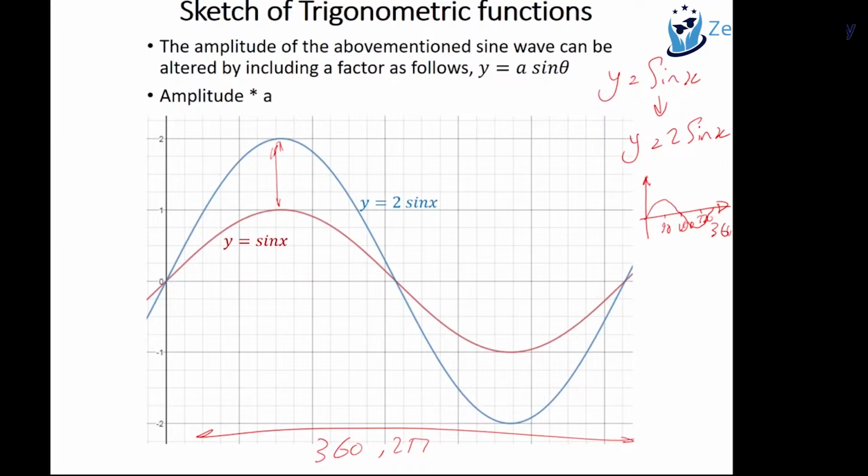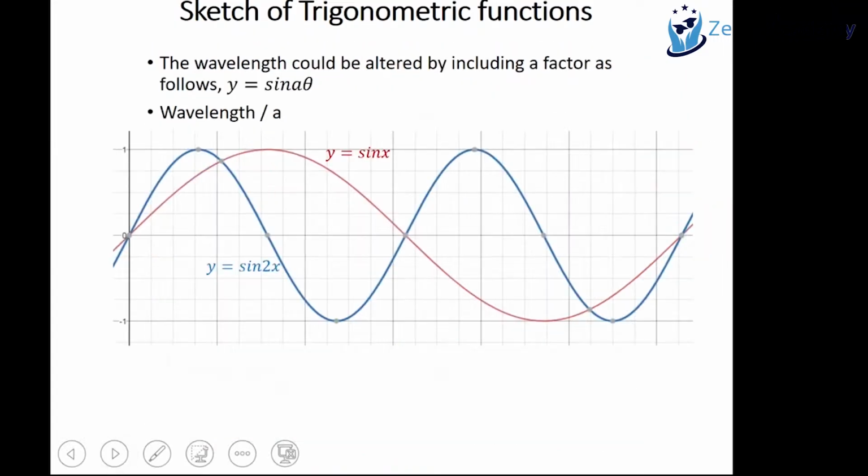So if I sketch sine x, now I can sketch 2 sine x, 3 sine x, or any coefficient in front of the sine. 2 sine x would be simply multiplying the amplitude by 2, likewise 3 sine x, or half sine x. That would make my job very simple if I want to sketch 2 sine x or any other.